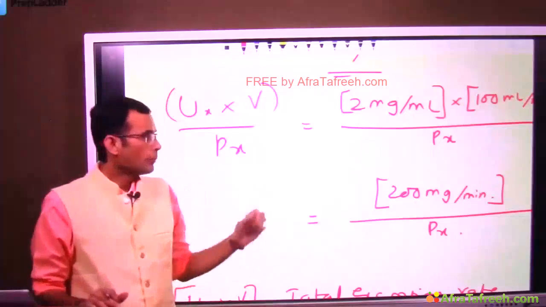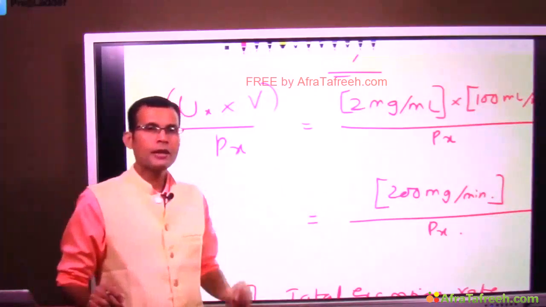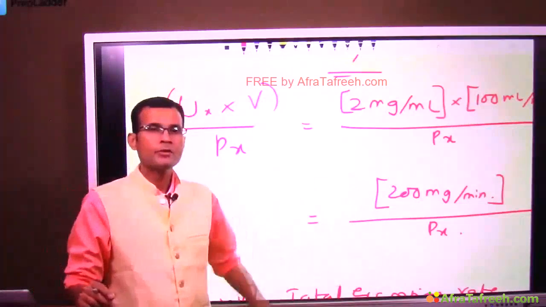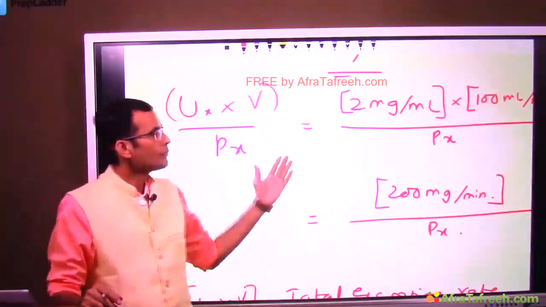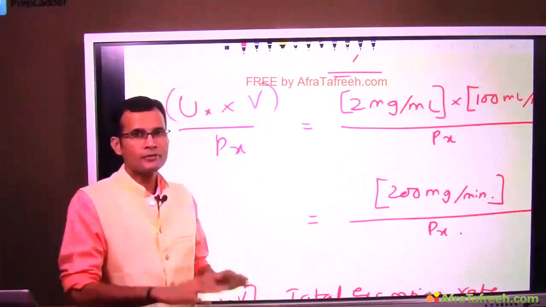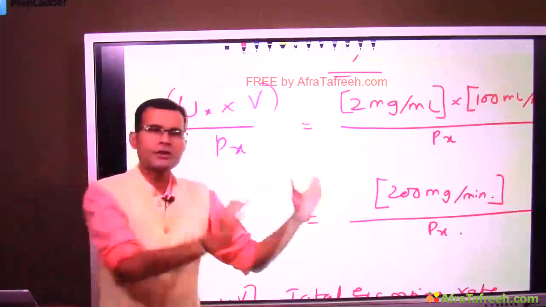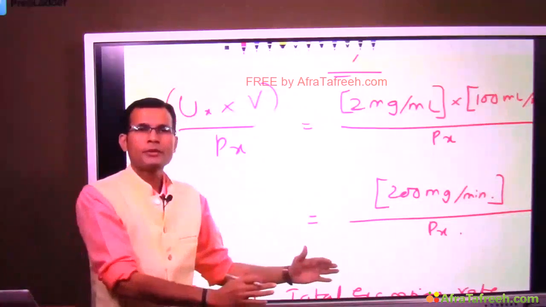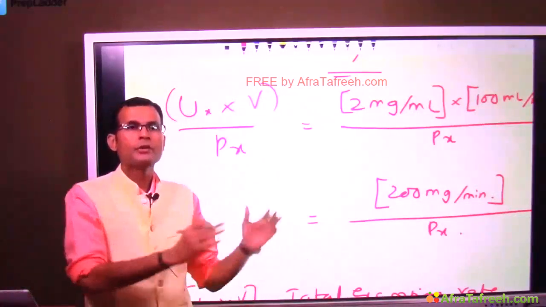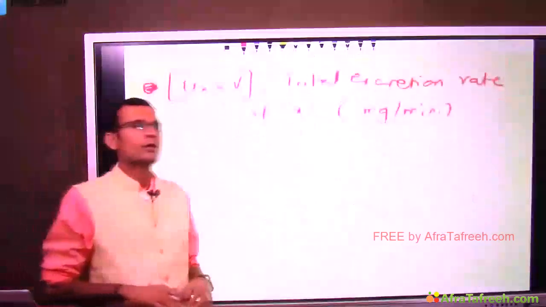But what you should note here is that the numerator and denominator units are not the same. Numerator is milligrams per minute and denominator is milligram percent. That should be noted clearly.